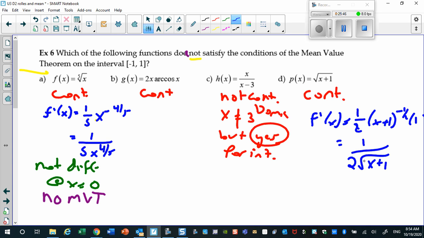When you plug in -1 into this, it is not differentiable, but that's okay because it has to be differentiable on the open interval. -1 doesn't work, but I don't have to be differentiable at the endpoint. So, yes, this satisfies.